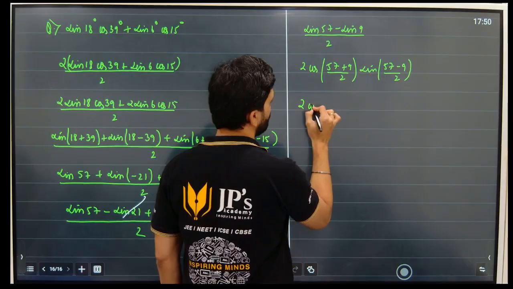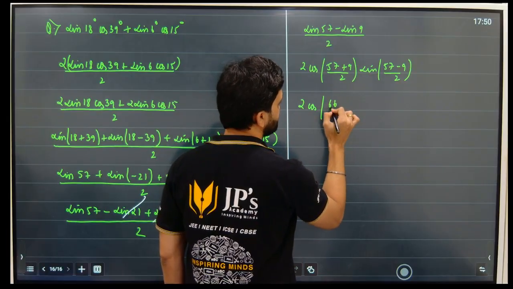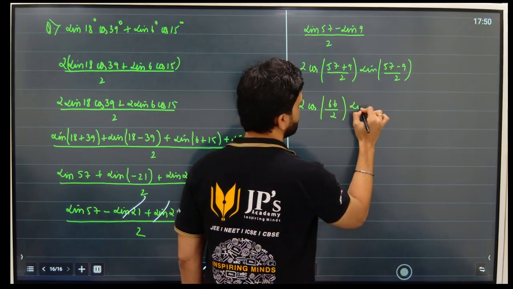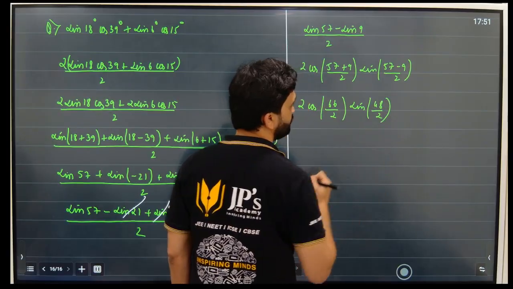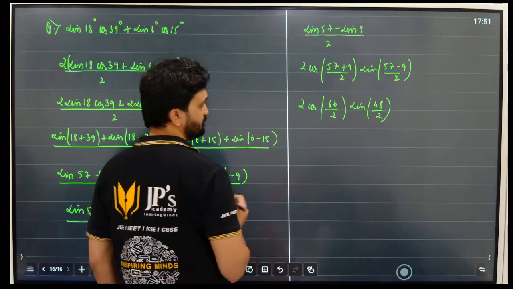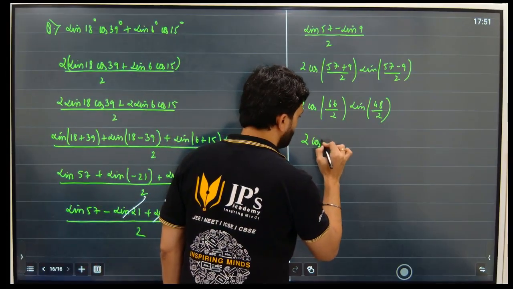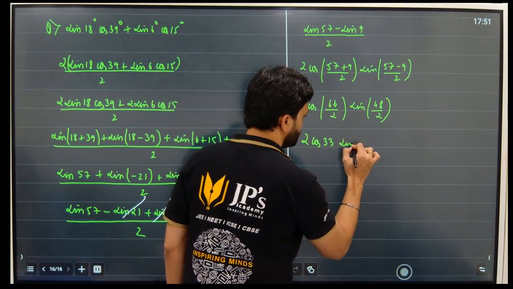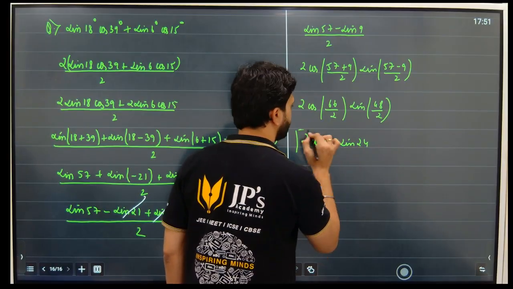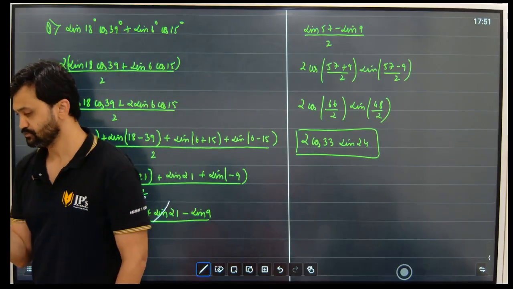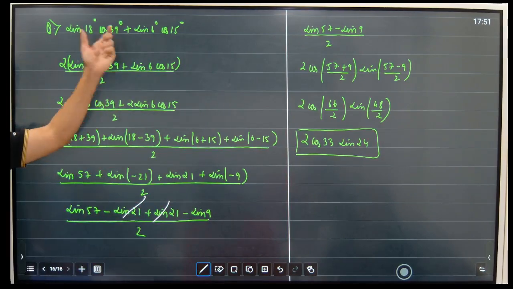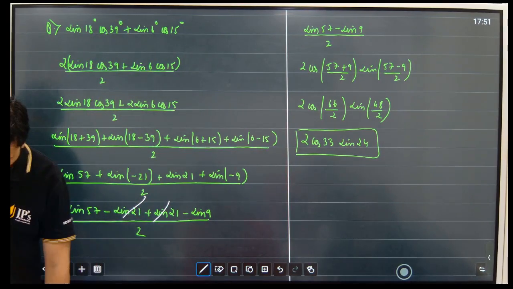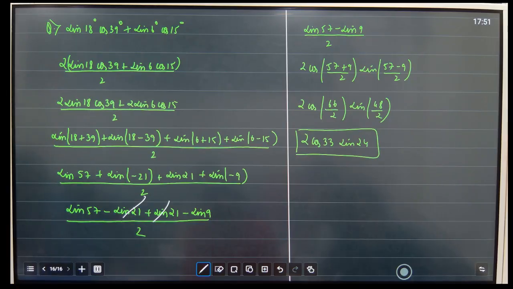So this will become 2 cos 33 sine 24. So I've used both the formulas, sine c plus sine d, sine c minus sine d, and 2 sine a cos b. And this is what we had to prove, sine 24 cos 33.